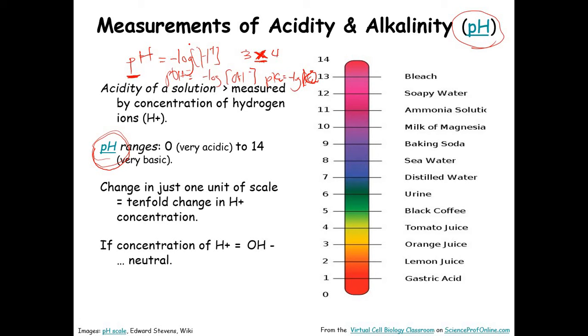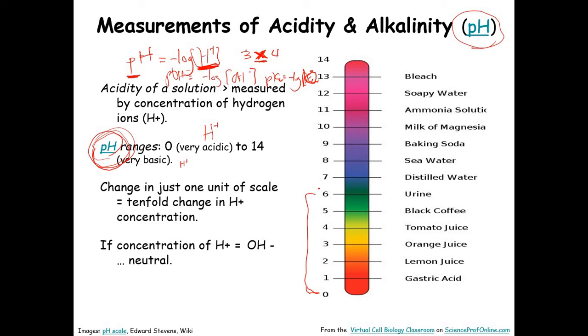Now, because it's a negative log, take note: if the value of H plus is big, the result of the negative log of H plus is small, because it's negative log. Okay? So that is why, in the pH range, if acidic, meaning the H+ is high, the pH is low, from 0 to 6.